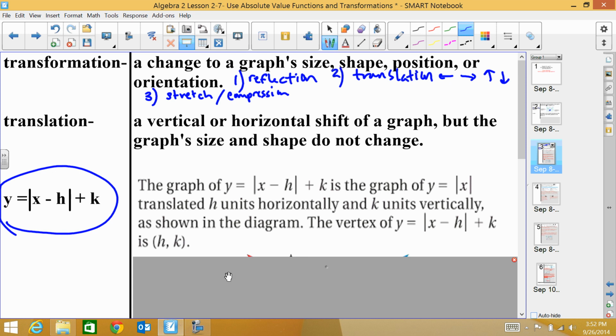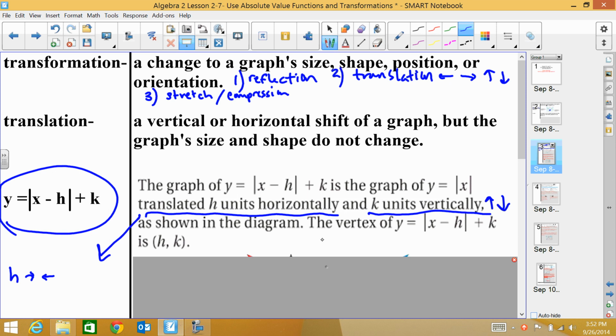So this is the graph of y equals the absolute value of x, but it translates h units horizontally, which means that h moves it either right or left. And then it translates k units vertically, which means it either goes k units up or down.